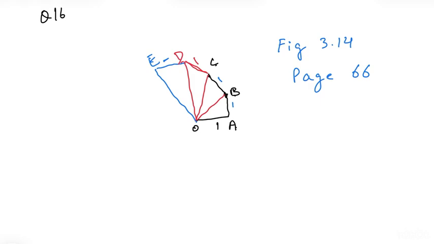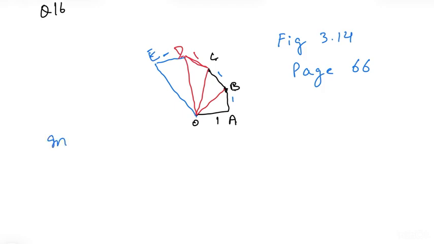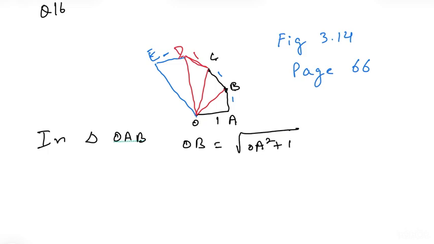So in triangle OAB, OB is equal to under root of OA square plus AB square by Pythagoras.